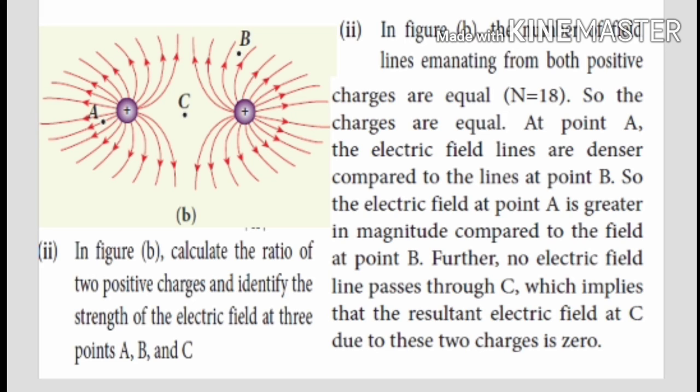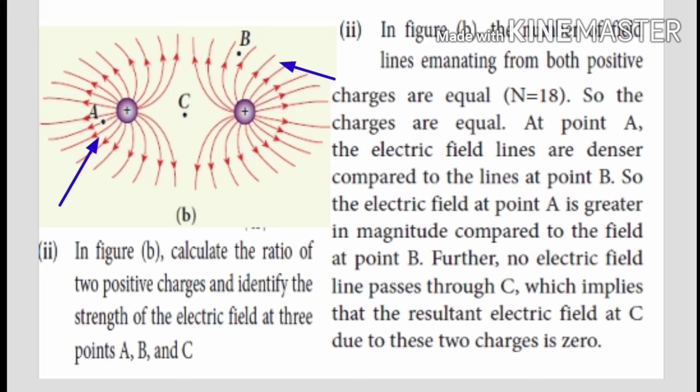From this it is understood that the number of lines emerging from each charge is equal. Hence the ratio of the charges is 1. So next question is to identify the strength of electric field at 3 points A, B and C.